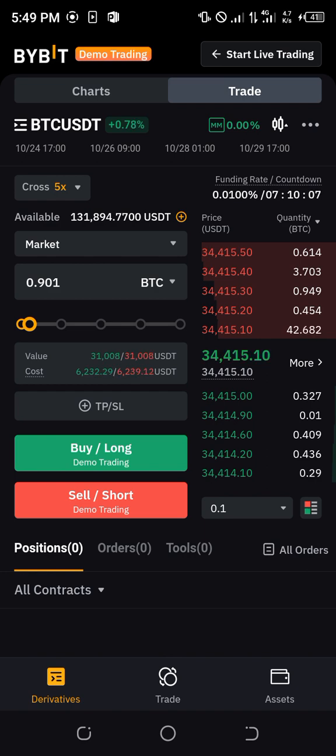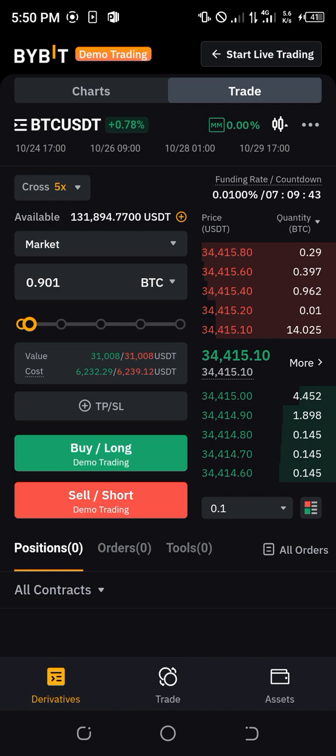Why some persons lose their entire account or get completely liquidated is because they are risking more. And when you're risking more, or fluctuating your position size, you lose more on one trade, and your winning trades are not enough to cover your losses.